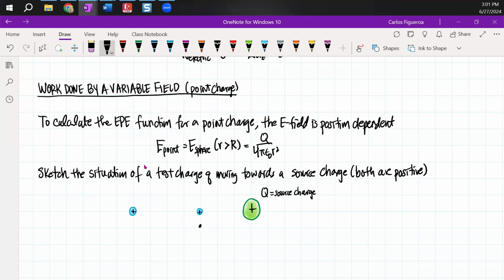So I'm going to move this to point P. Typically the test charge starts at infinity and then moves all the way to point P. So now if I look at the electric field, it is very clear that the electric field has to be pointing away. And if I call this state one, I'm going to say that little q is the test charge.